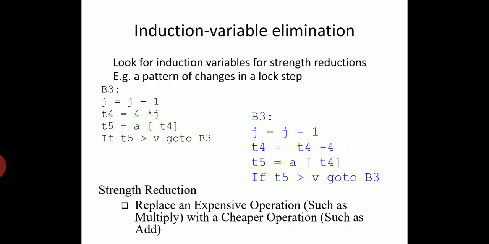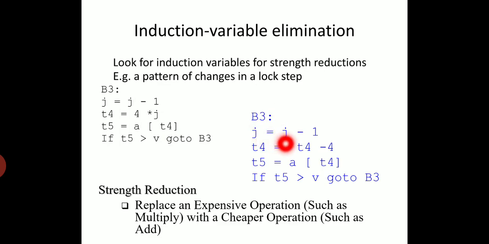Star, as a multiplication operator, has more strength, meaning more operations are required than for an addition or subtraction operation. So it is better to replace that expensive multiplication operator by a cheaper addition or subtraction operator, whichever is applicable.